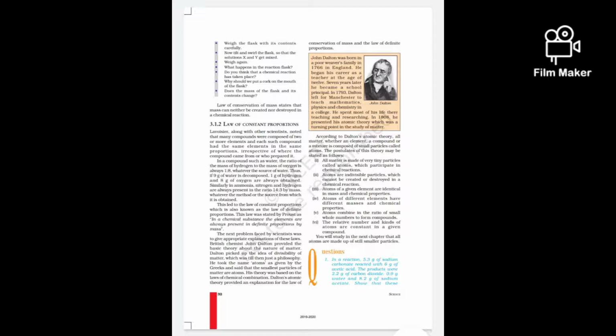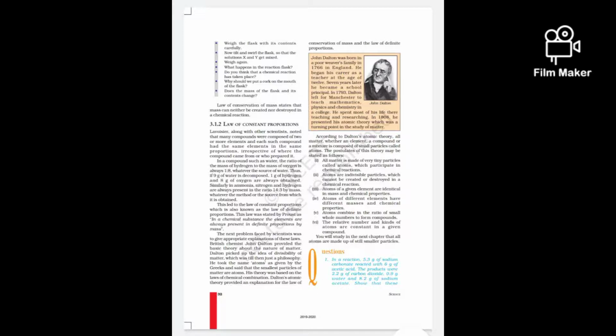Thirdly, atoms of a given element are identical in mass and chemical properties. Fourthly, atoms of different elements have different masses and chemical properties.